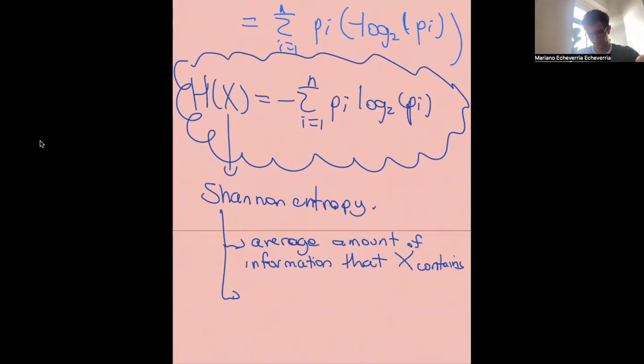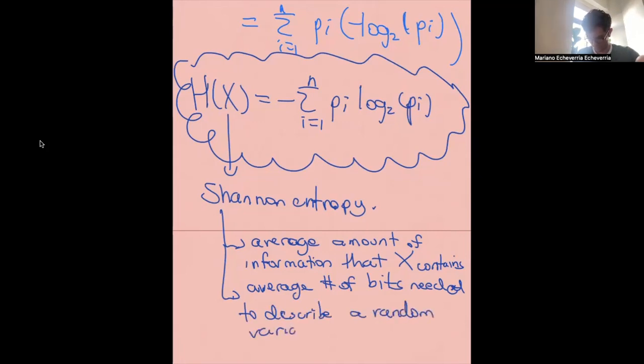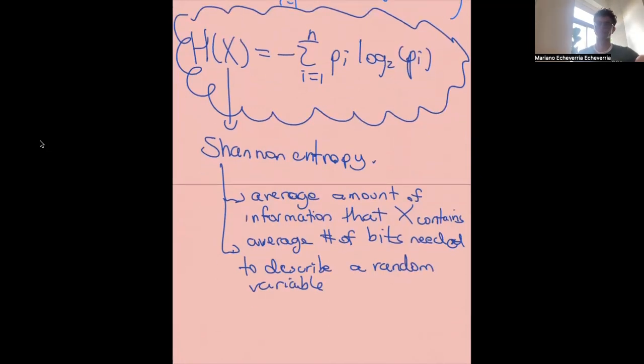It's also related to the average number of bits needed to describe a random variable. And this entropy, I'll tell you a little bit later, is also related to the entropy that you may have seen before if you have taken a thermodynamics class.